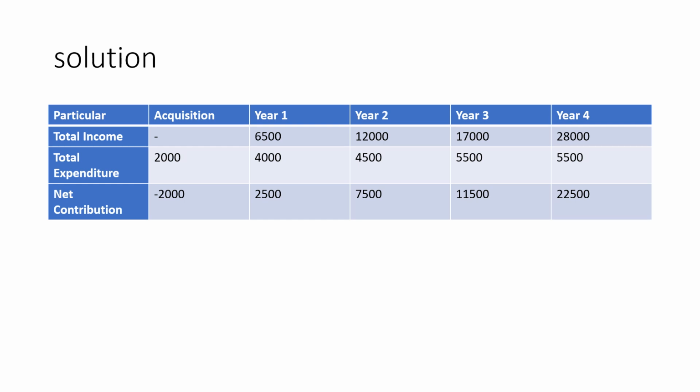In year 1, 6500 minus 4000 gives us 2500. 12,000 minus 4,500 gives us 7,500. 17,000 minus 5,500 gives us 11,500. 28,000 minus 5,500 gives us 22,500. I recommend that you solve it on a piece of paper so that you understand the sum better.